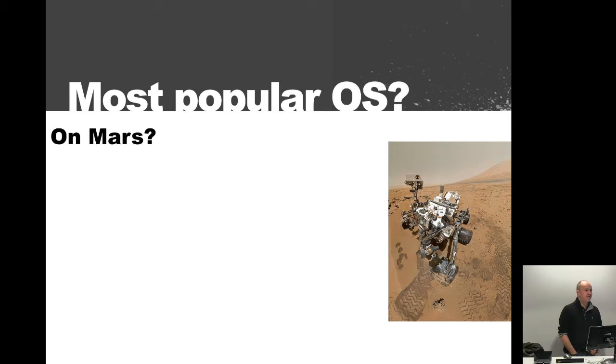No, it's a serious question. There are computers on Mars, okay? These little robots, they have computers, they have operating systems, obviously. So what kind of operating system do you have there? I mean, it's quite a special environment, okay?